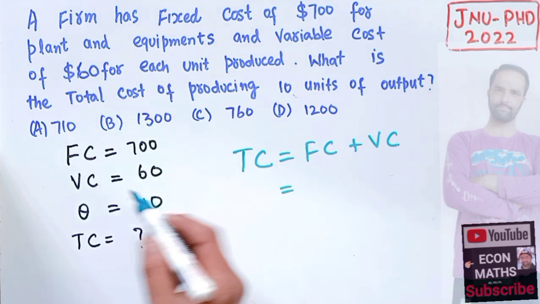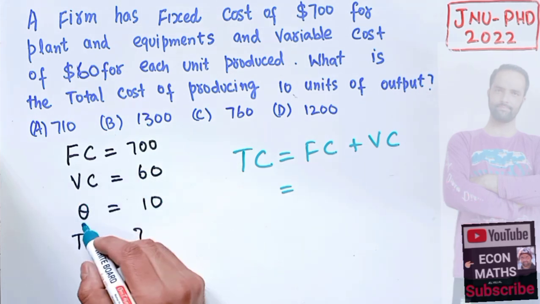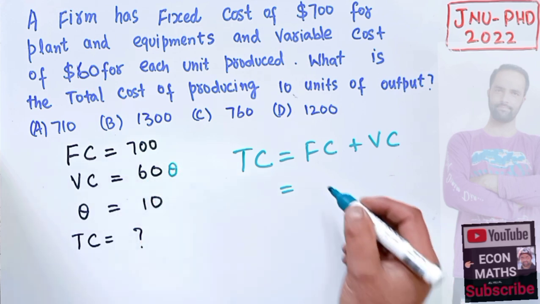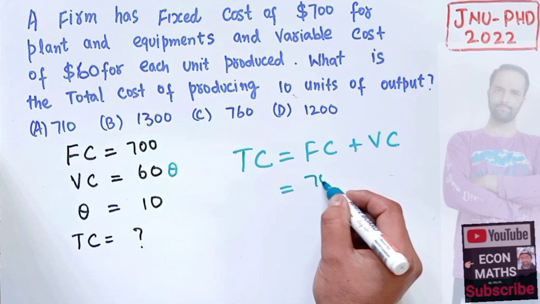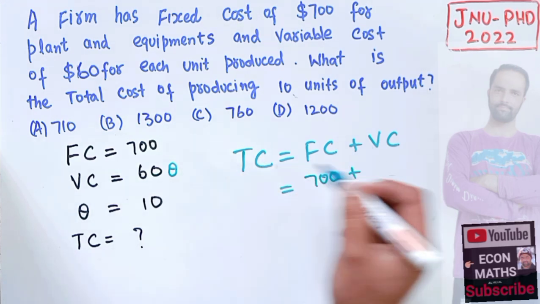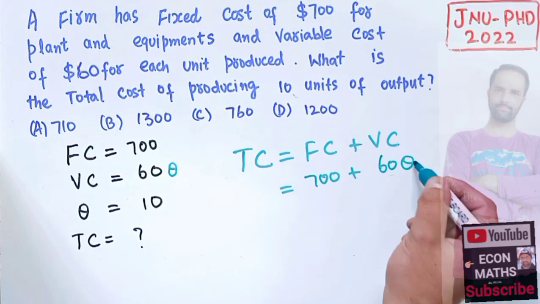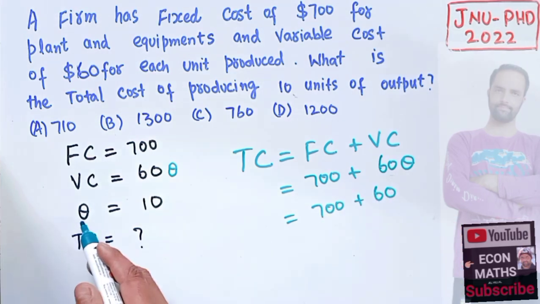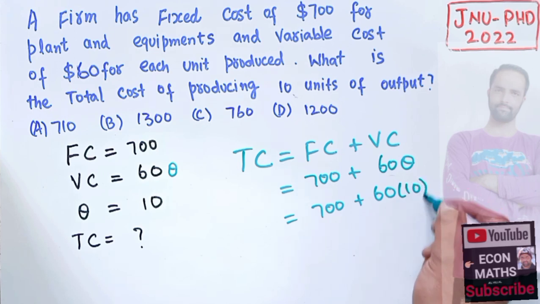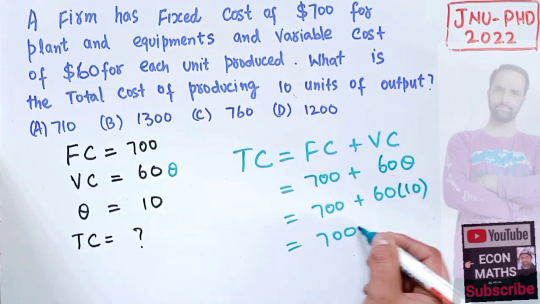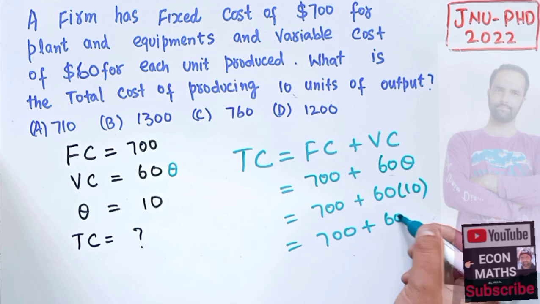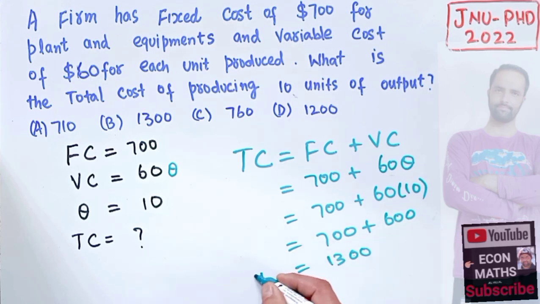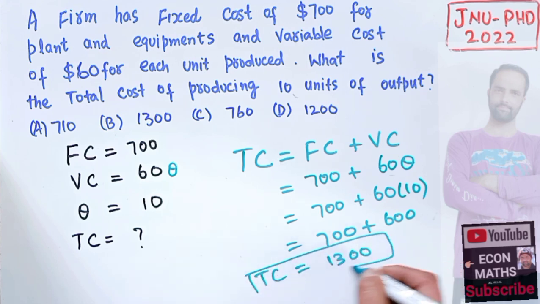So variable cost will be equal to 60 times q, that means 60 times output produced. So I can write fixed cost is being given as 700, plus in place of variable cost I can write 60q. Now it is 700 here plus 60, and output produced is 10. I can write it here 10, which becomes 700 plus 600, which comes out to be 1300. That means total cost will be equal to 1300.